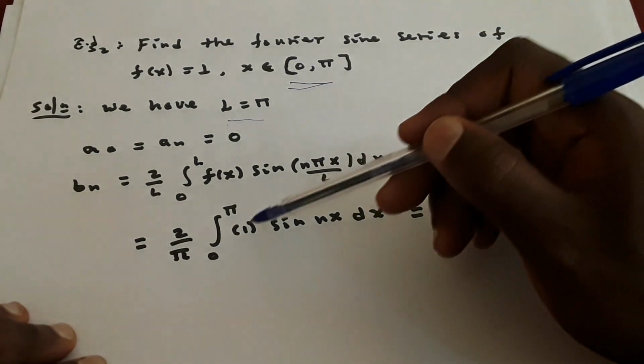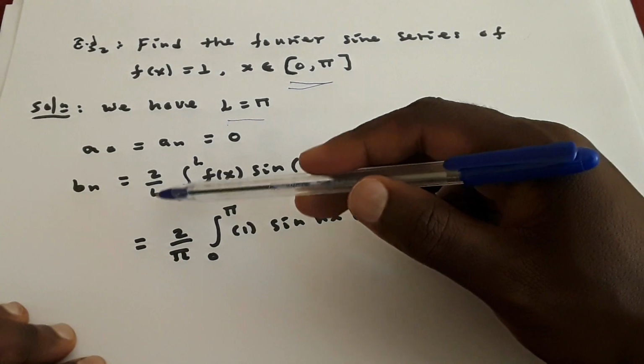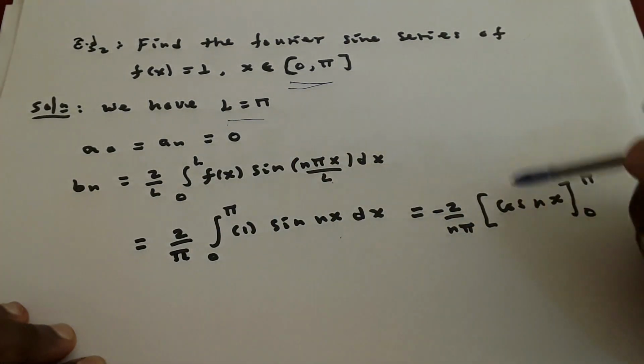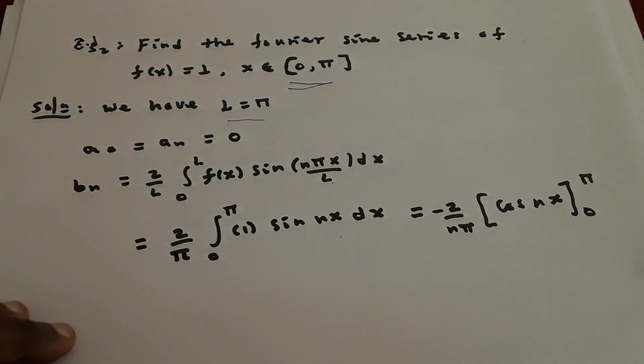L is pi here, the function is 1, so 2 over pi, integral from 0 to pi of 1 times sine nx dx. The integral of sine nx is minus cosine nx over n.